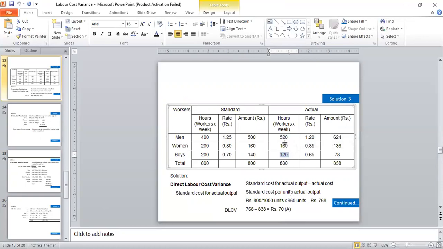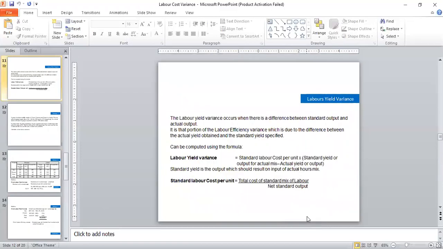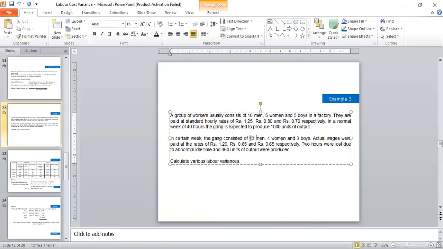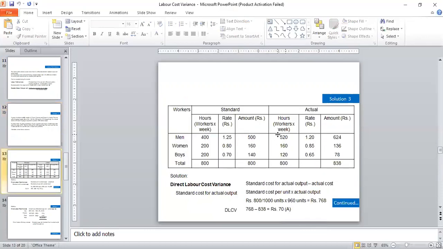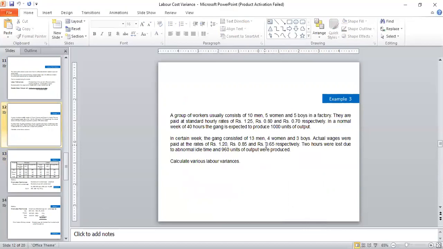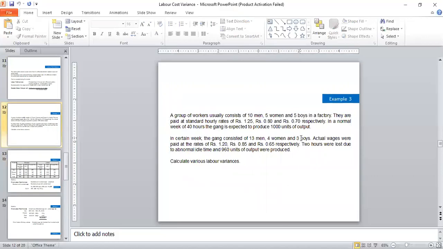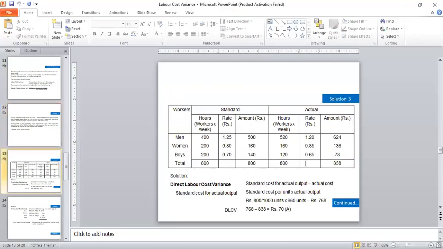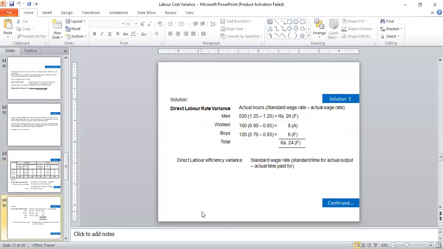For 13 men here, 2 hours means 26 hours, we will reduce from this 520, and in case of women, 4 into 2 means 8 hours we have to reduce from this, and in case of boys also 3 into 2 means 6 hours we have to reduce from the actual time also.